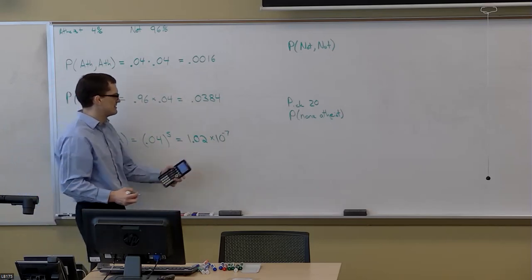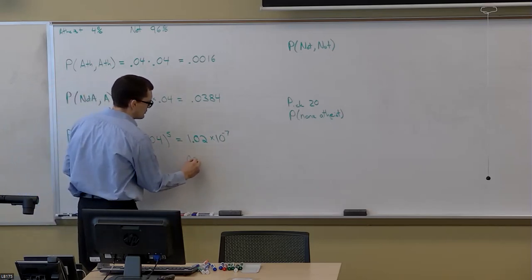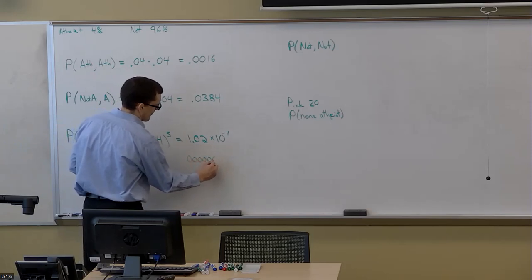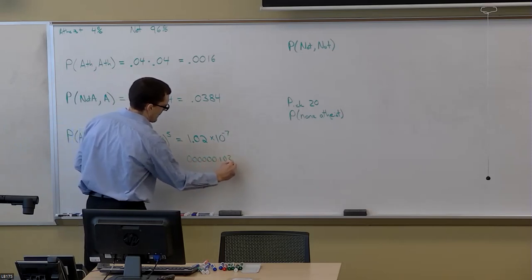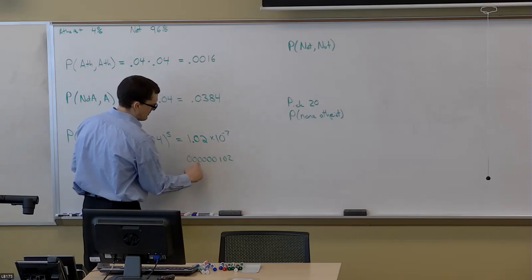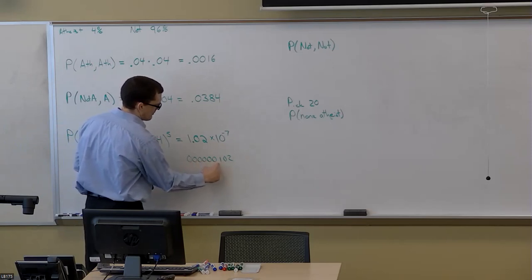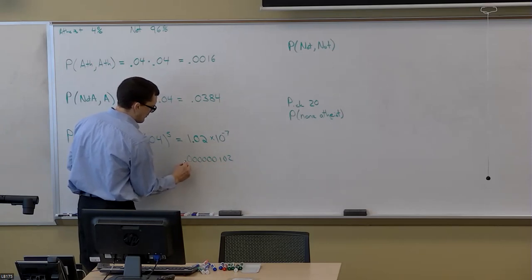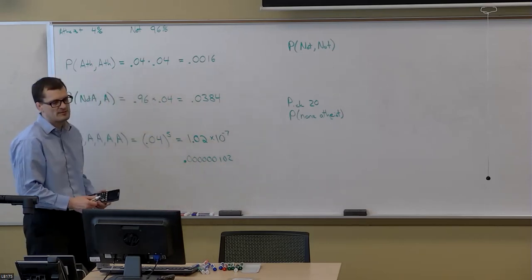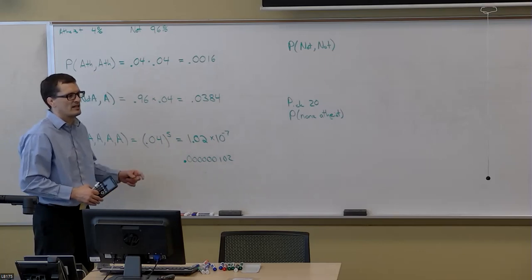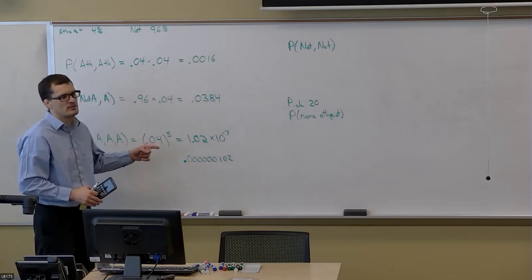And by the way, times 10 to the negative 7 means it's that probability: lots and lots of zeros and then a 1, 0, 2.